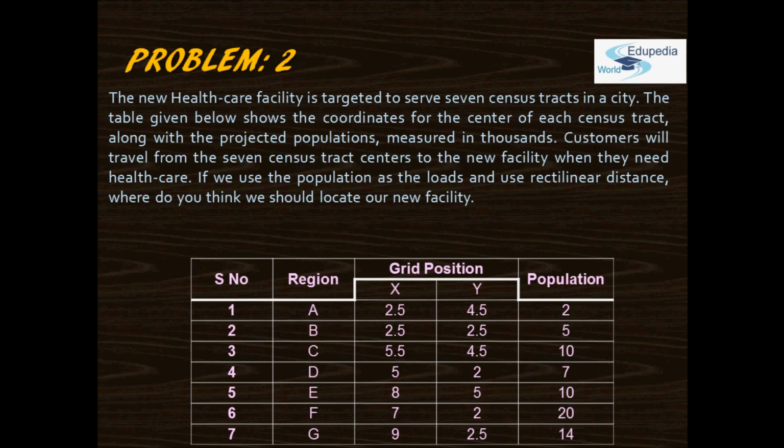The table given below shows the coordinates for the center of each census tract along with the projected populations measured in thousands. Customers will travel from the 7 census tract centers to the new facility when they need healthcare. If we use the population as the load and use the rectilinear distance, where do you think we should locate our new facility? Okay, so of course you can make use of the center of gravity method because we have the grid position here and we have the population.